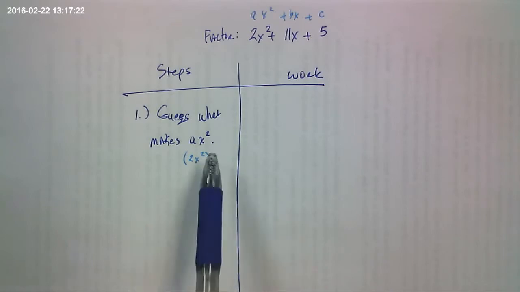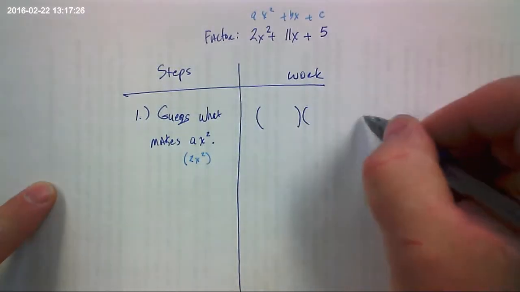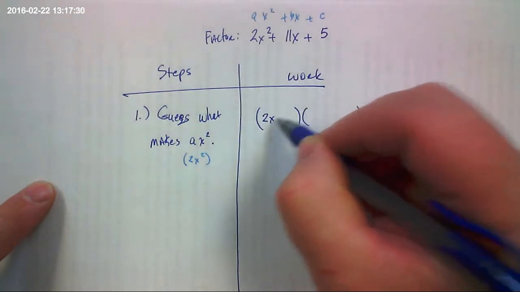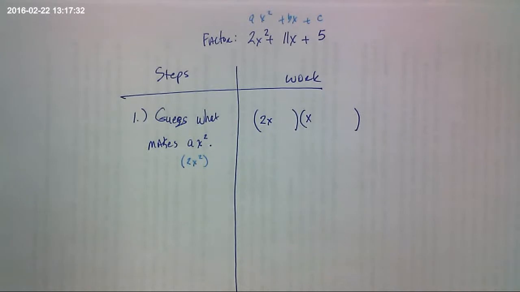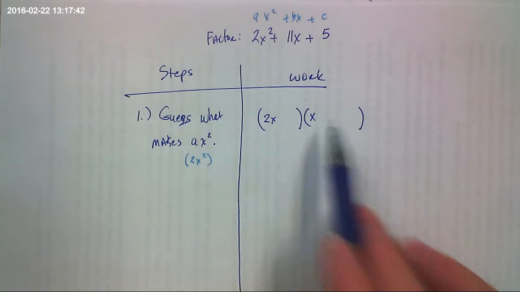So we first guess what makes ax squared. So what could we guess? Right, 2x and 1x. There's no other guess, so it's kind of easy.